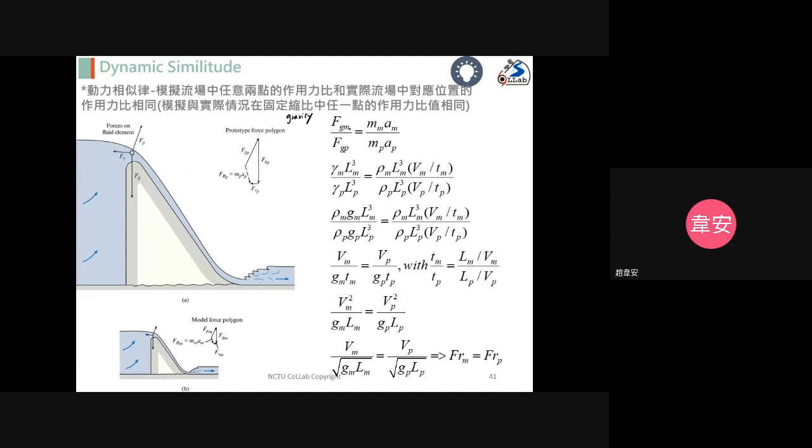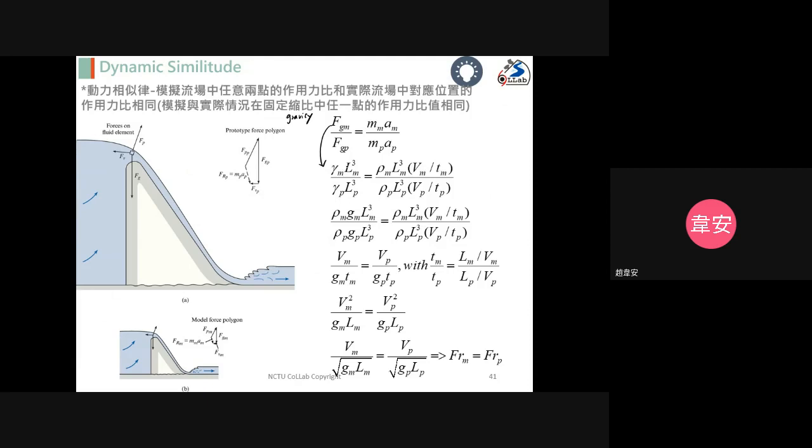The gravity force for the model is F_Gm, and the gravity force for the prototype is F_Gp, and we know that force equals mass multiplied by acceleration. So we assume the force is computed from gamma multiplied by the volume.